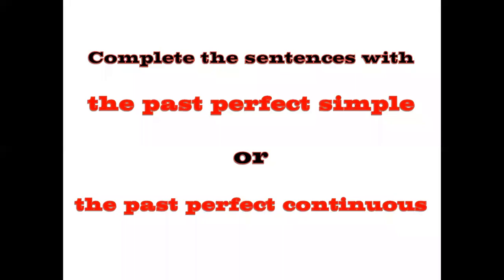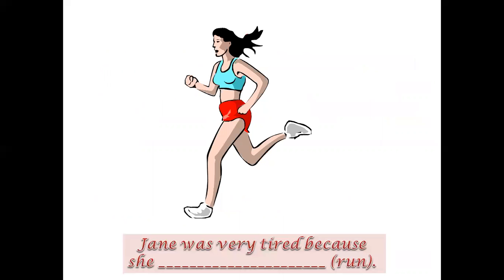Okay, let's practice. Complete the sentences with the past perfect simple or the past perfect continuous. Jane was very tired because she ___. The verb is run. طيب, I am asking you, was Jane very tired because she just ran? يعني مجرد إنها جرت، ولا لأنها ran for a long time?